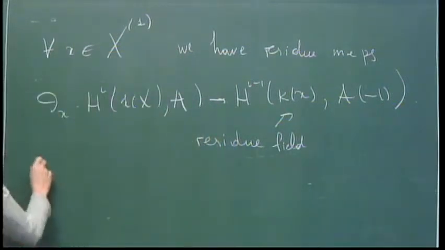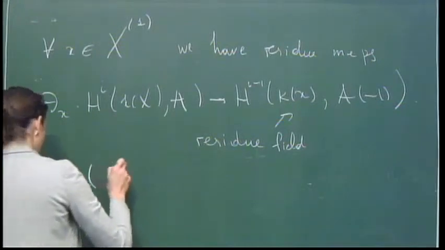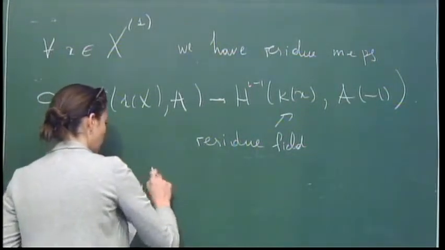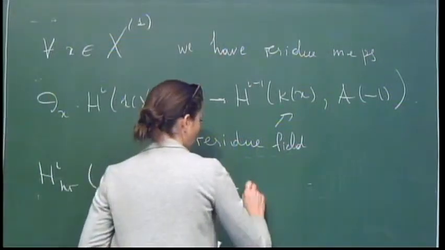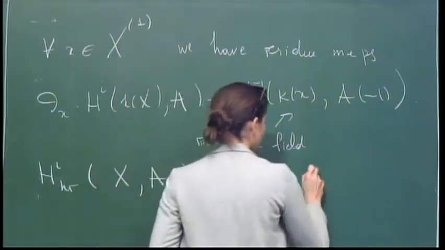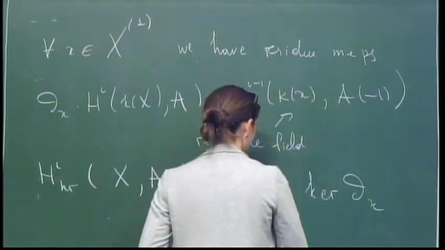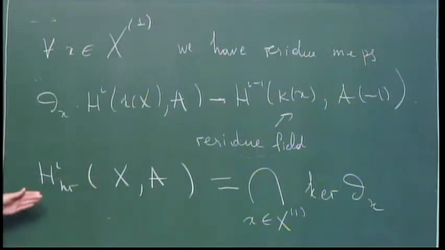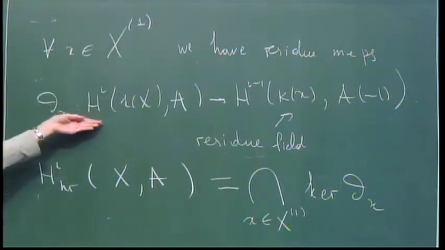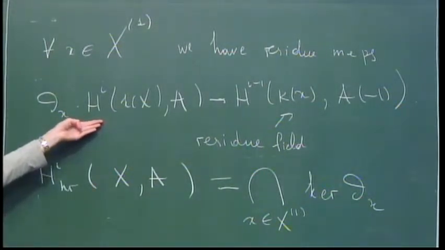And then one can define the groups we will be actually interested in as follows. These unramified cohomology groups are the intersection of the kernels of all these maps. Okay, so these are elements in the Galois cohomology group of the field which have no residues.